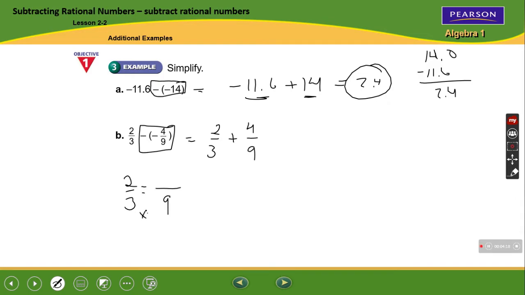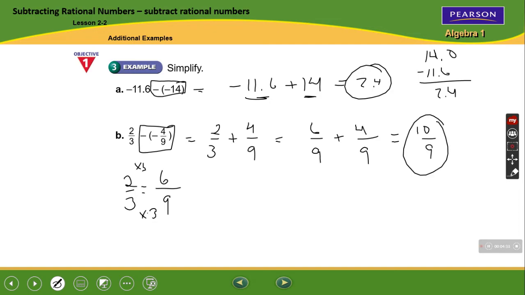I have to multiply by 3. So I got to do the same on top. 2 times 3 is 6. So this is the same as 6/9 plus 4/9, and that is equal to 10/9. We've got a larger number in the numerator. That just makes this an improper fraction, and it's okay to leave it just like that.